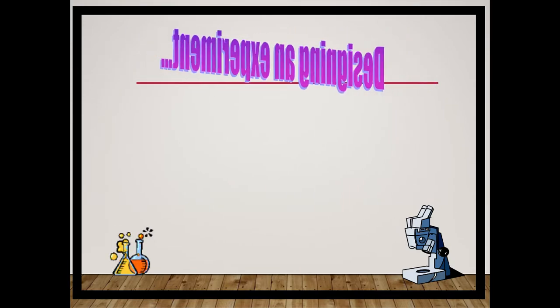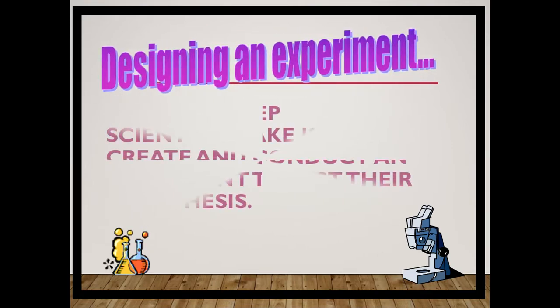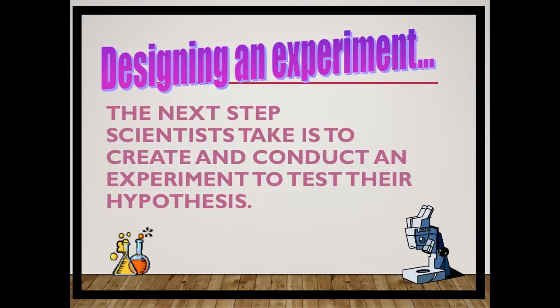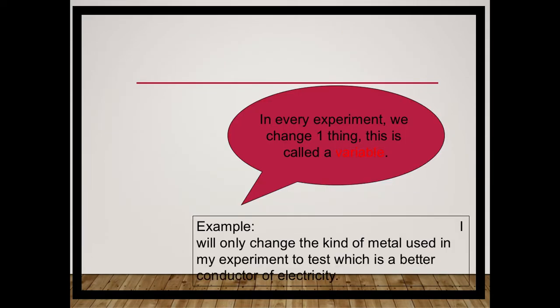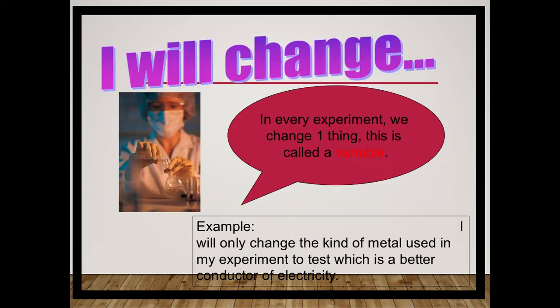Yahoo! The way you move forward in this magical world of the scientific process is to design an experiment. If you want to test any of these things, you then have to actually go out and do an experiment to test them. So, when you are doing your experiment, I will change one thing.